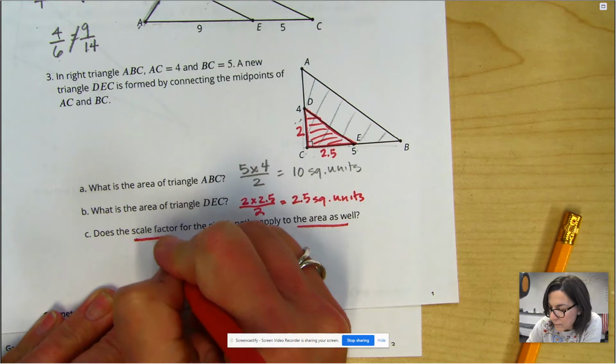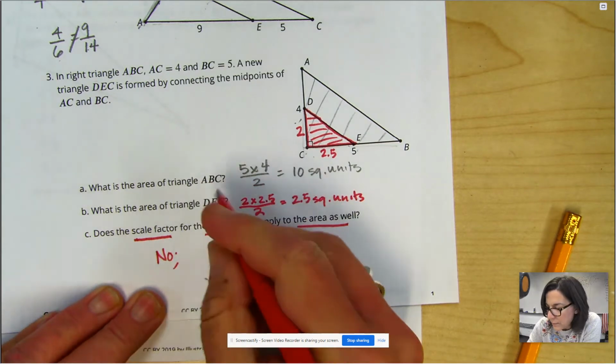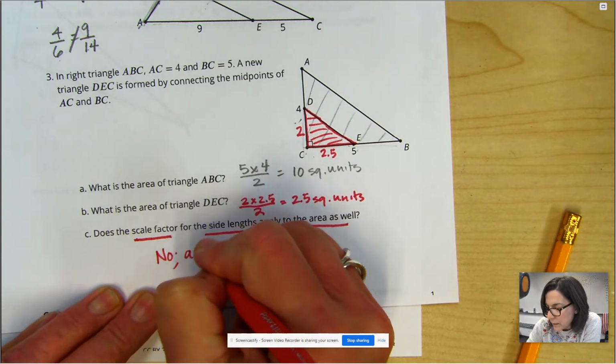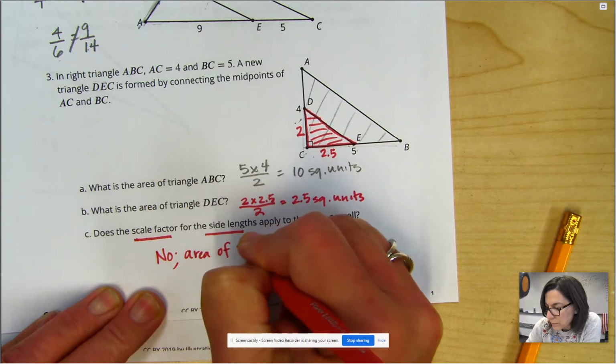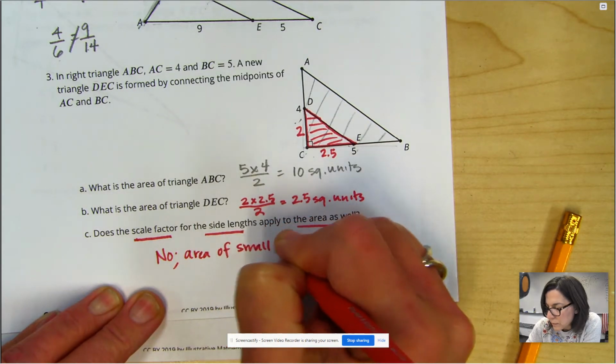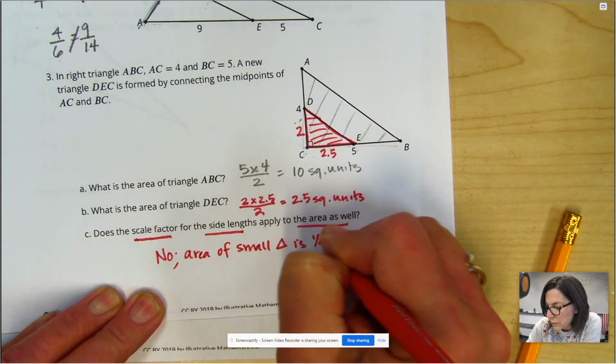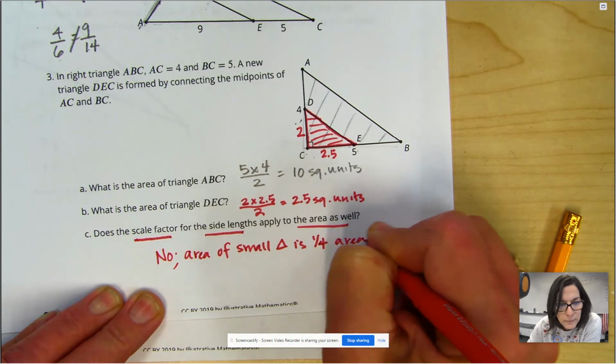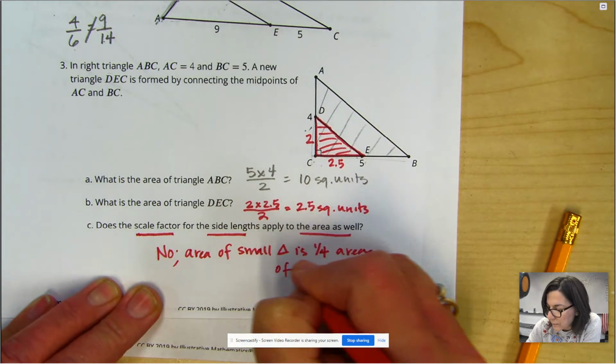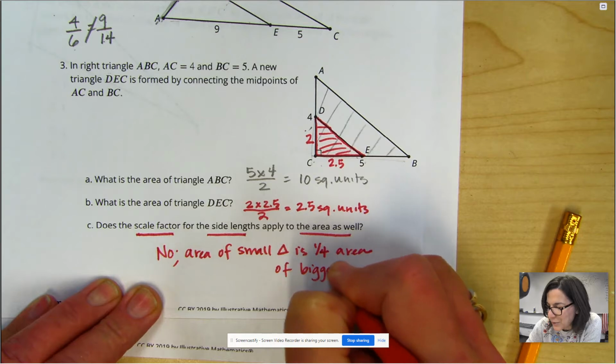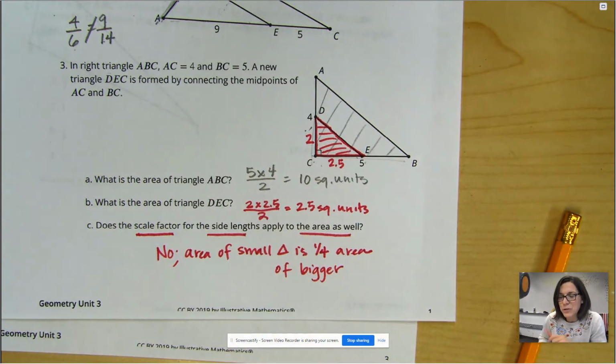No. The area of the small triangle is 1/4 the area of the bigger one. That's because you took half of each side and then multiplied half the side times half the side. So it was 1/4 of the size.